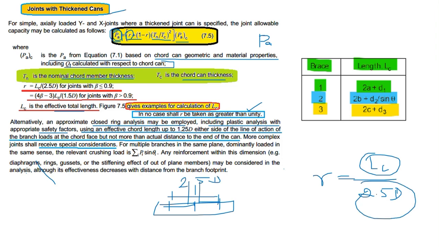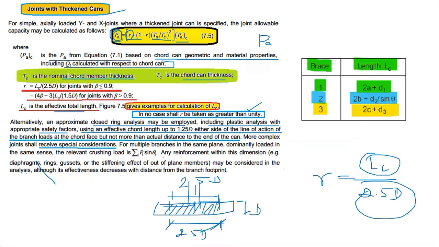So normally at least minimum we need to have this 2.5 times the diameter of the chord member as a can. We need to consider whenever you might have seen, like, we use some hatch material. You have seen, right, in the drawing, you might have seen the chord member. So this length at least it should come 2.5 times the diameter of the chord. That's what it's saying here.